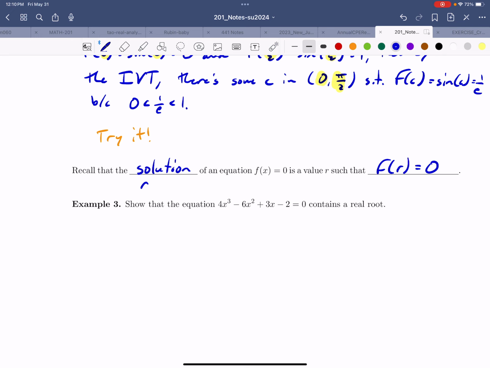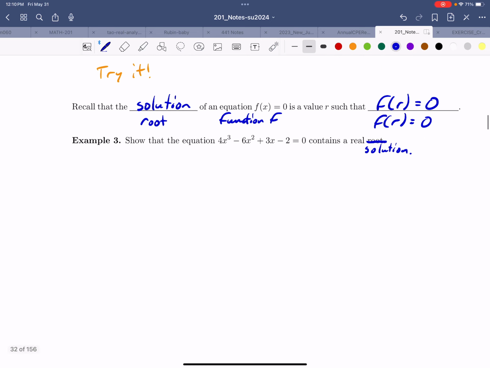Remember that the root of a function f is a value r such that f of r equals 0. So I might use the word root or solution kind of interchangeably. If we're talking about an equation, I actually should have said solution. If I'm talking about a function, we can talk about root. Or polynomial, we talk about root. If it's an equation, then it has a solution.